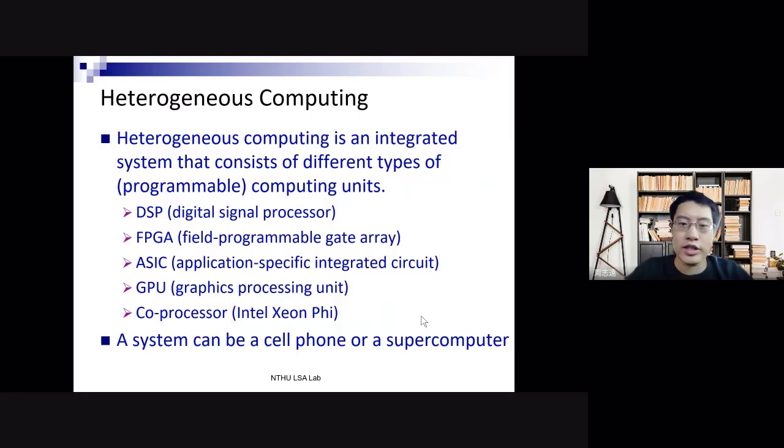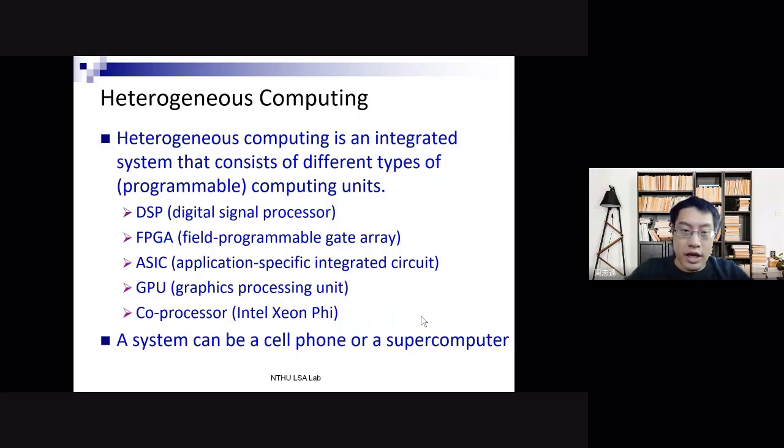So it doesn't necessarily involve CPU or GPU. But of course, the most common use case today is to combine CPU and GPU. But I think FPGA or ASIC is also quite popular now.